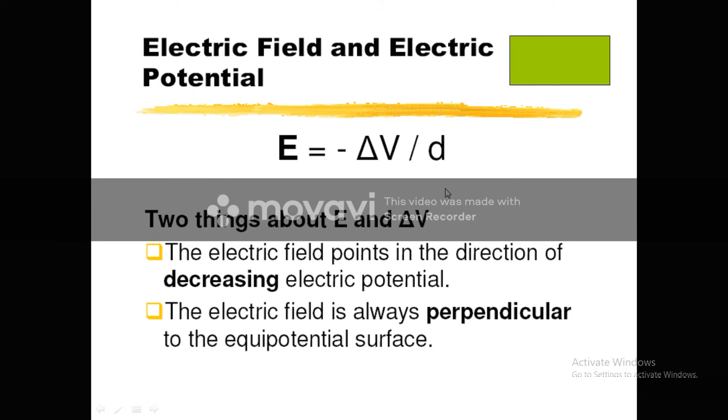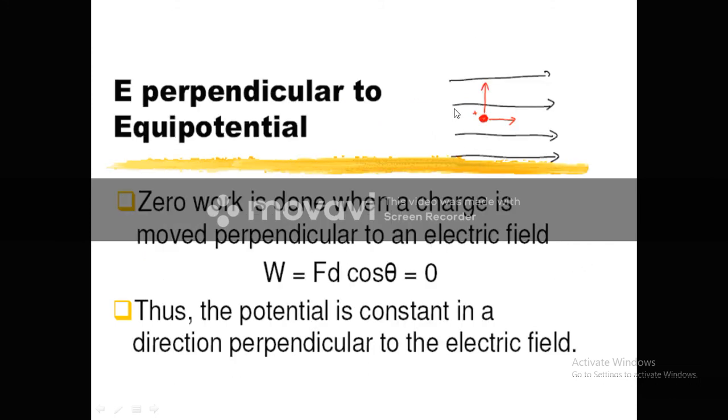So the electric field is pointing towards the decreasing electric potential, meaning the potential over here is less, and the potential over here is greater, so the E is pointing towards the decreasing potential. This is the decreased point, the minimum point of the potential. So the E is pointing towards the decreasing electric potential.